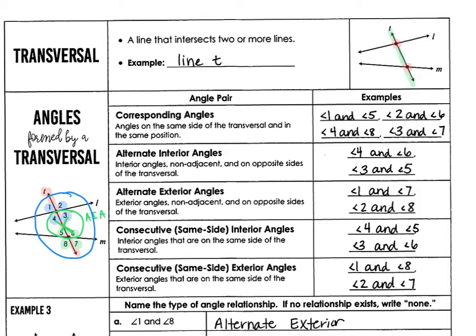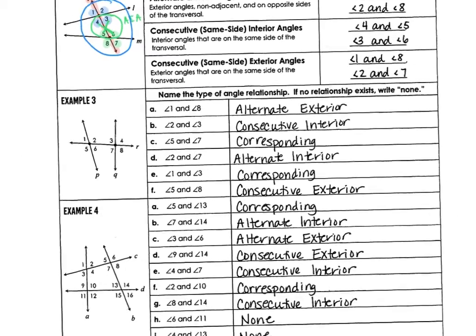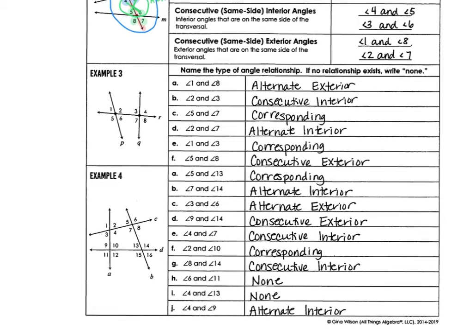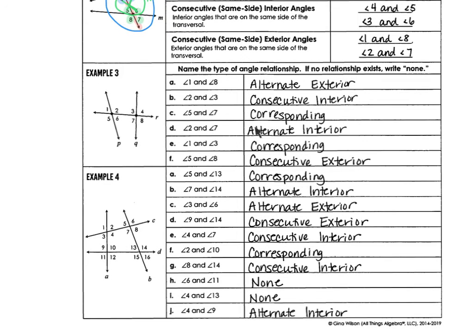So if you need to hear that again, just rewind and go through that. But that is basically the terminology when we say, okay, which are corresponding angles, 1 and 5 are, 2 and 6 are, etc. So taking a look at the angle relationships here, I'd like you to try this on your own, and then you can pause the video and just look up to check your answer.